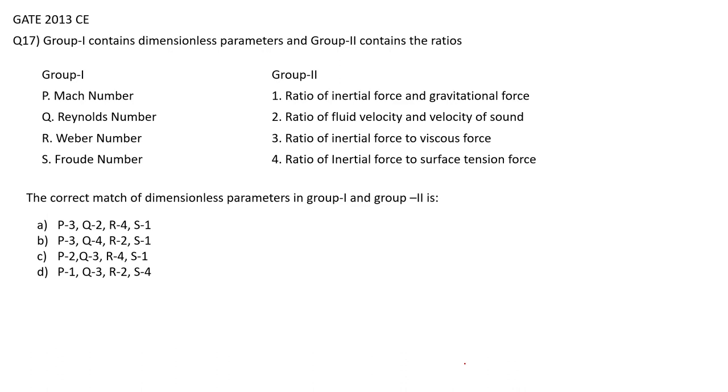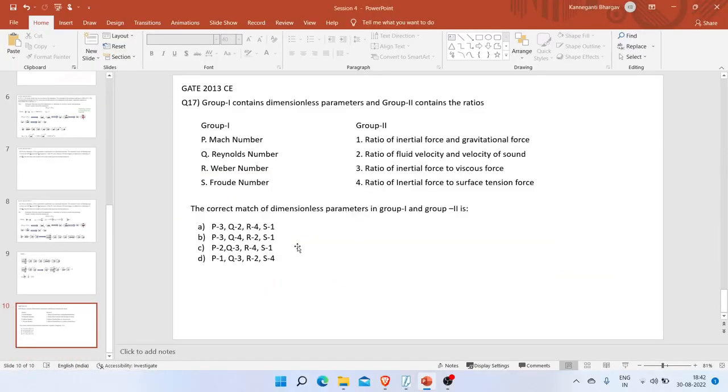Group 1 contains dimensionless numbers like Mach number, Reynolds number, Weber number, and Froude number. And group 2 contains definitions, let's say ratio of inertial force to the gravitational force, ratio of fluid velocity to the velocity of the sound, like that. Okay, I'll give you 20 seconds.